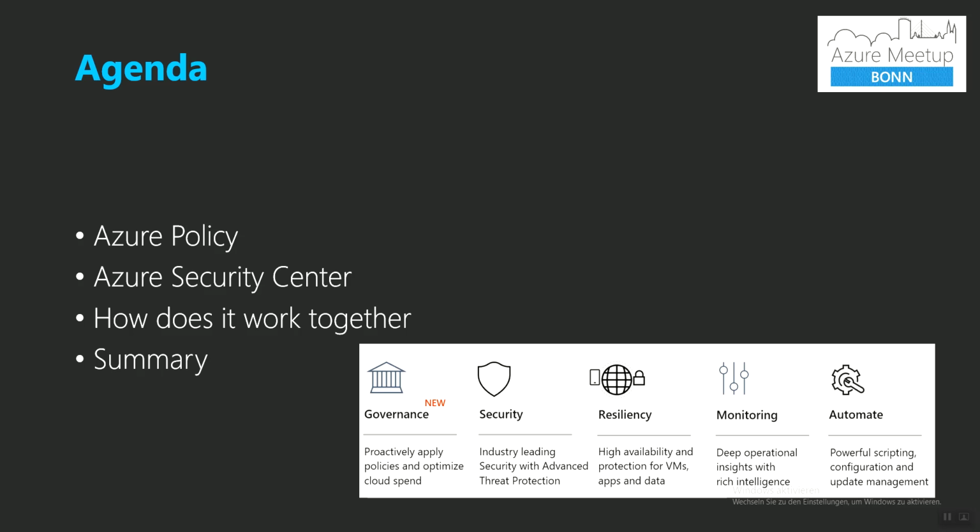Then we will take a look at Azure Security Center, why it is important, and how you can use it to secure your environment, and we will see how these services work together in the backend. I will give you a summary and some additional links so that you can find additional information and go deeper into these two big services.